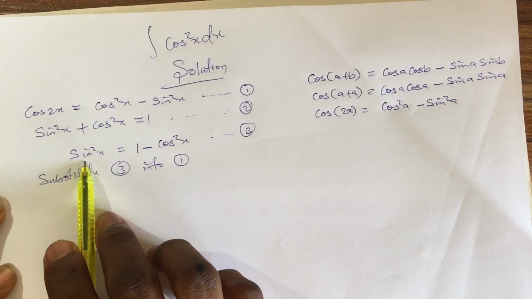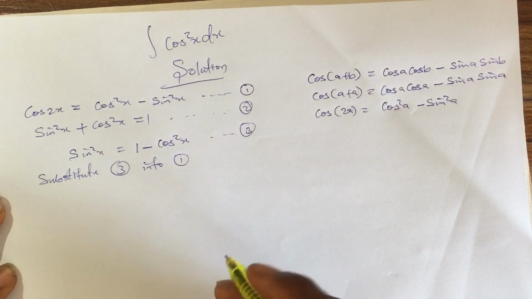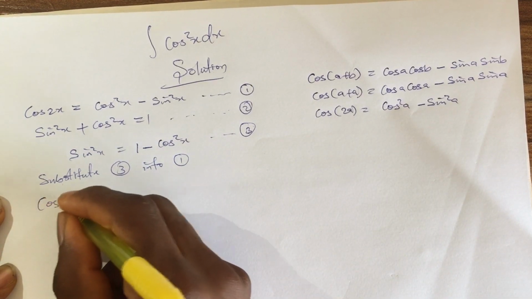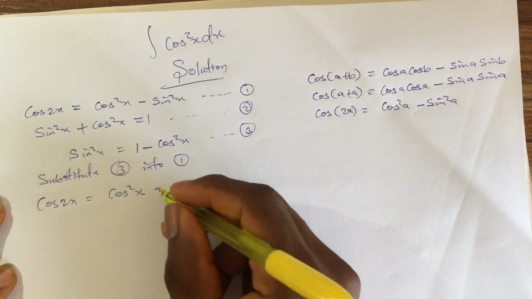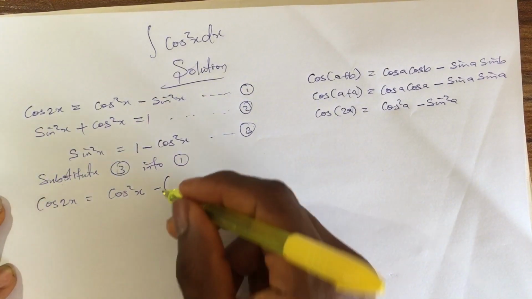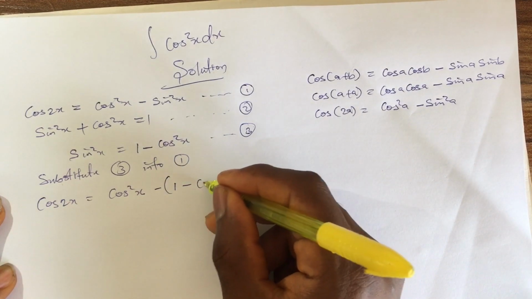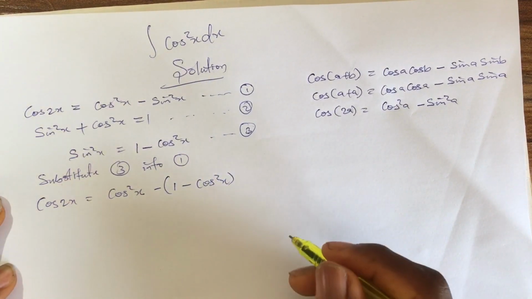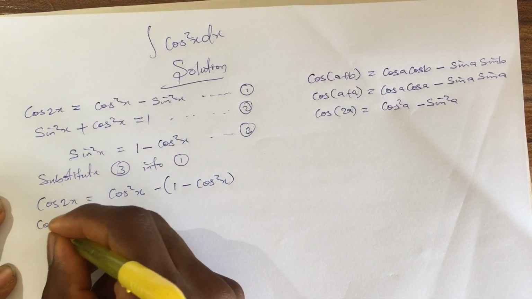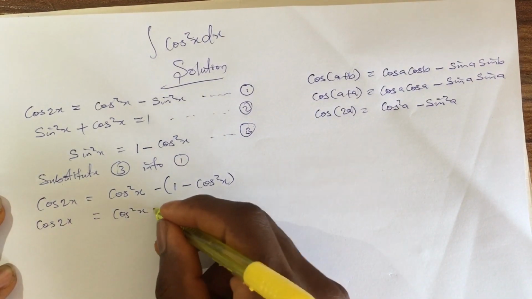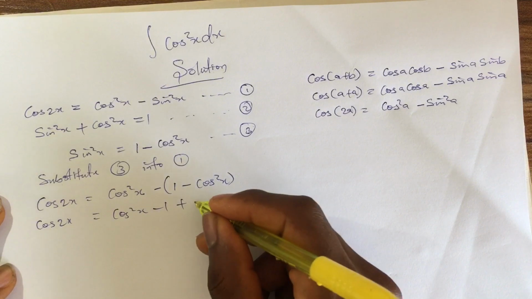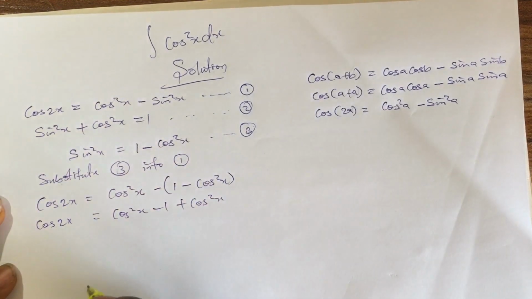By substituting equation 3 into equation 1, we have it that cos 2x is equal to cos²x minus this now, which is 1 minus cos²x. So cos 2x is equal to cos²x minus 1 plus cos²x.